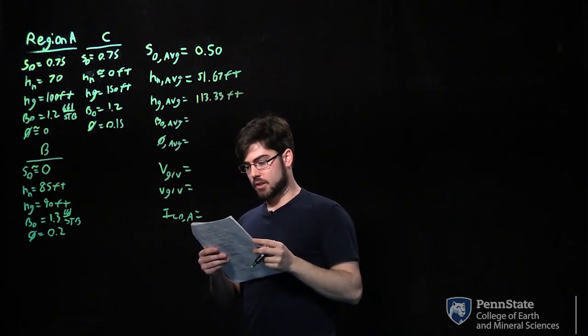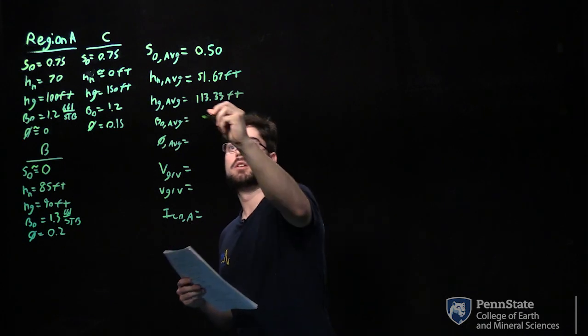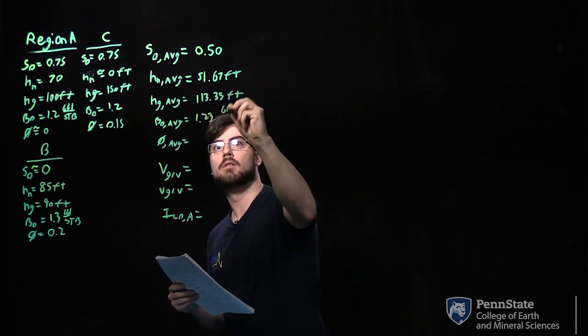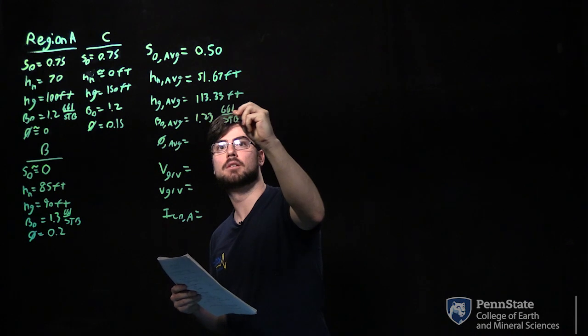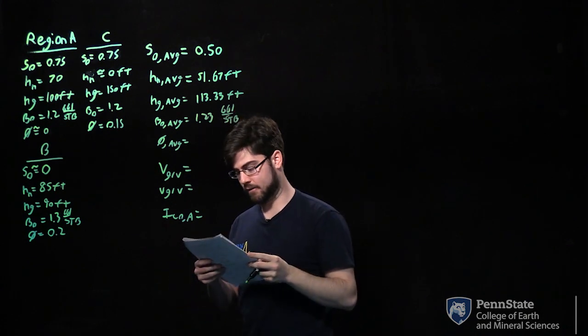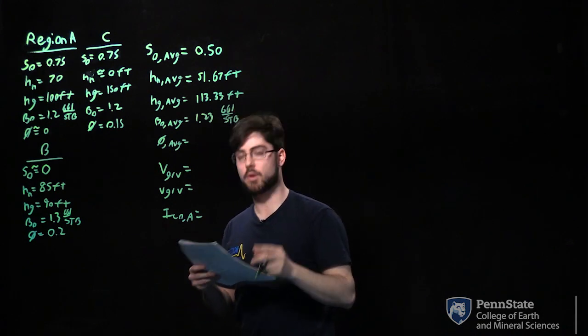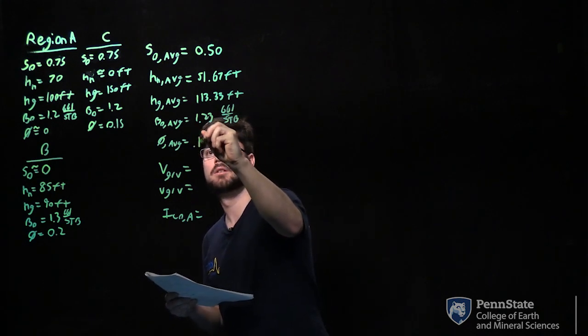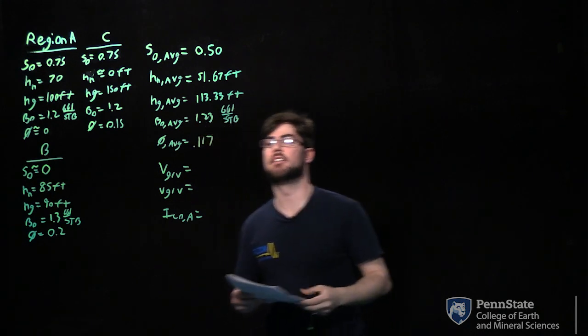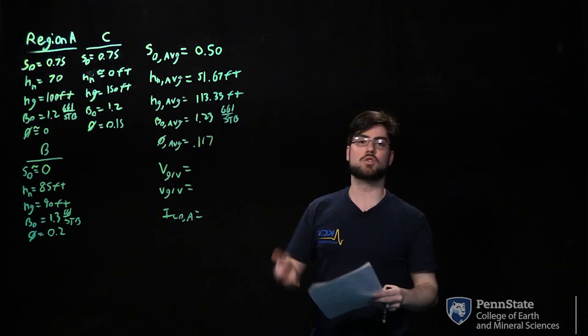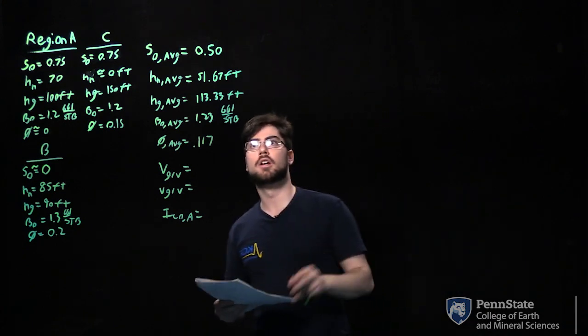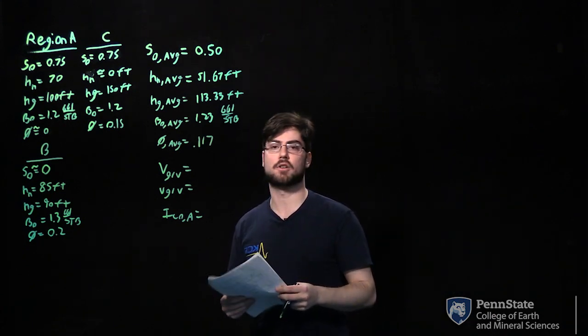Our BO average is going to be 1.23 BBL per STB. And our porosity average is going to be 0.117, so 11.75%. And using the equations shown earlier, let's solve the volumetric of oil first.